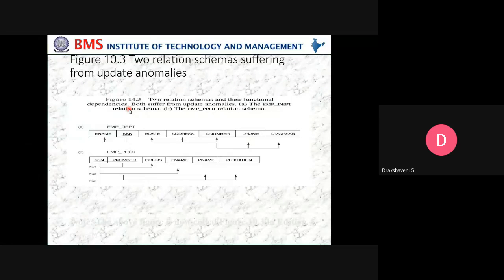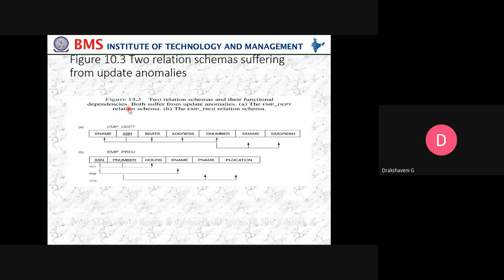So you can see in this case that the two relation schemas and their functional dependencies both suffer from update anomaly: the employee department relation schema and the employee project relation schema, that is ename, then SSN. When we combine the two tables, employee and department, both suffer from update anomalies, even employee department and employee project.